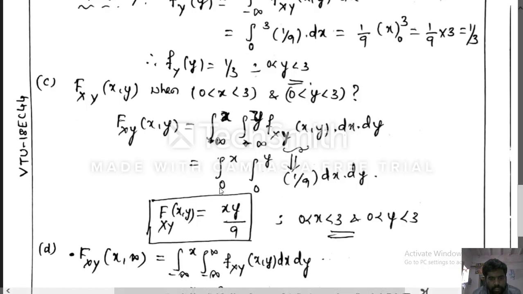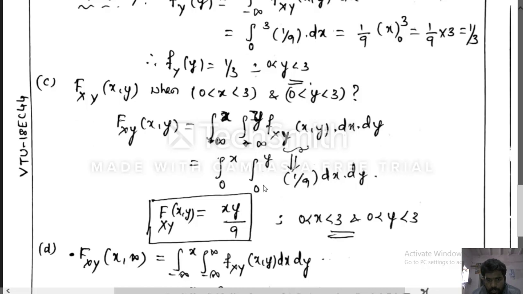F_XY of x comma y can be evaluated as the integral over 0 to x, integral from 0 to y, of f_XY of x comma y, whose value is 1 by 9, with respect to y and x respectively. So if we solve this integral, 1 by 9 can be taken outside. The integral of dx is x, so the upper limit is x and the lower limit is 0, it is evaluated as x, and the integral from 0 to y with respect to y is y.